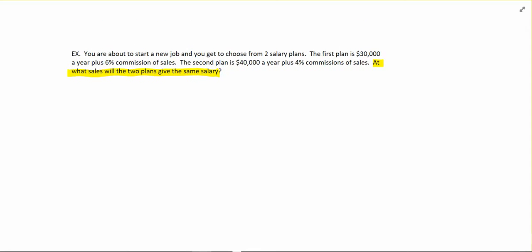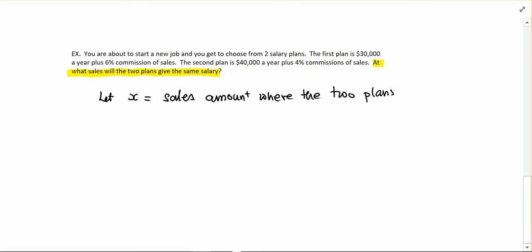So that's your let statement. So we say let X be the sales amount where the two plans give the same salary. Okay, so based on that, plan 1, the first plan, and let's put plan 2 over here, second plan.